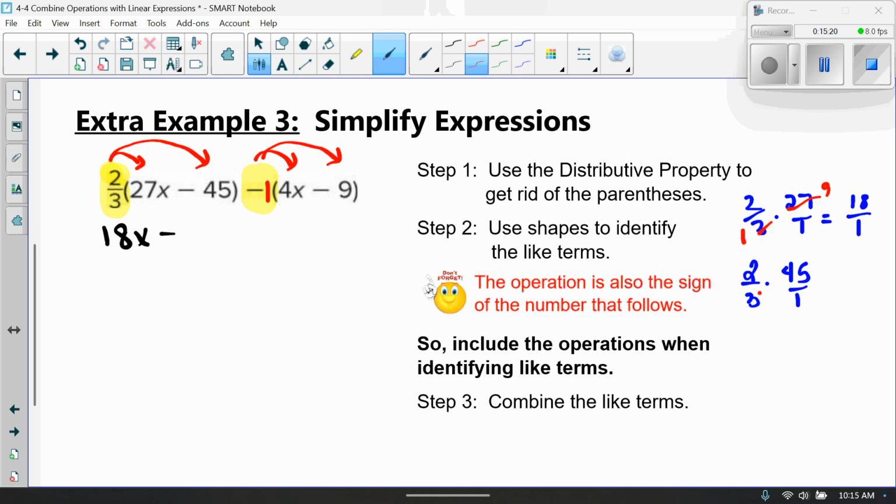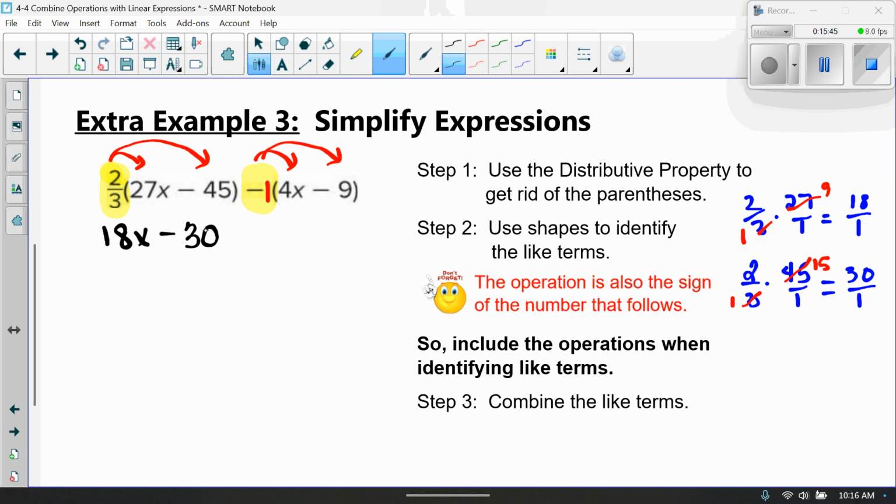And then simplify. 3 divided by 3 is 1. 45 divided by 3 is 15. And then when we multiply straight across, that gives us 30 over 1. So 2/3 times 45 is equal to 30. So this is minus 30, okay?